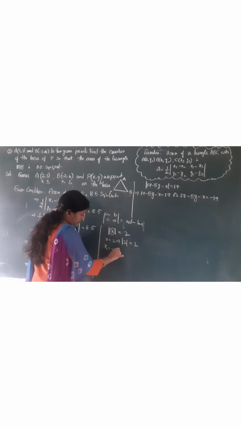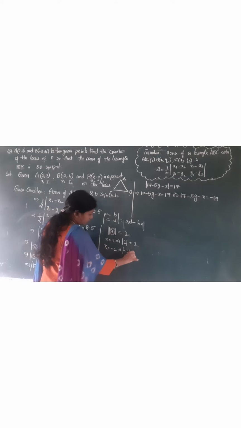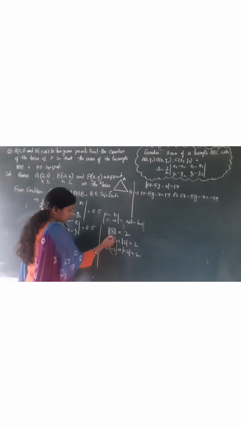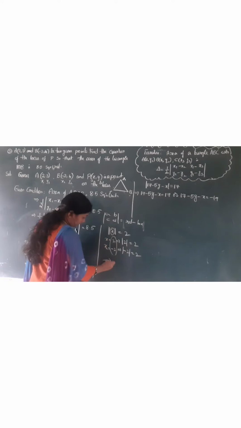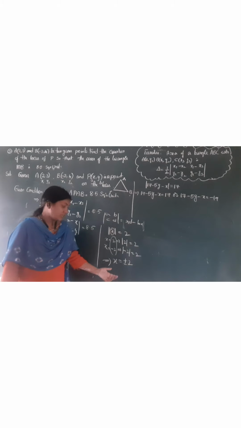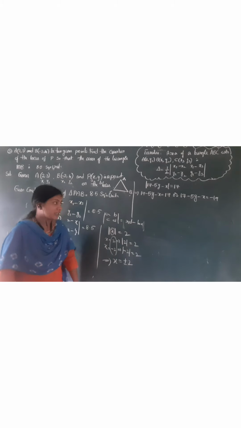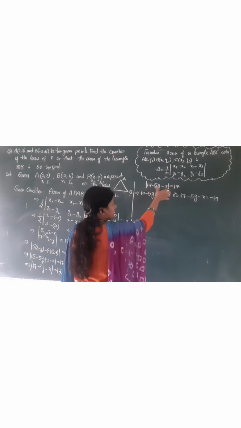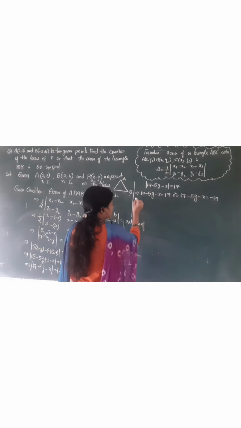If I take x equal to minus 2, then also the modulus of minus 2 is equal to 2. So both are satisfying here. So whenever mod x is equal to 2, we can write x is equal to plus or minus 2. So here 17 minus 5y minus x may be plus 17 or it may be minus 17.